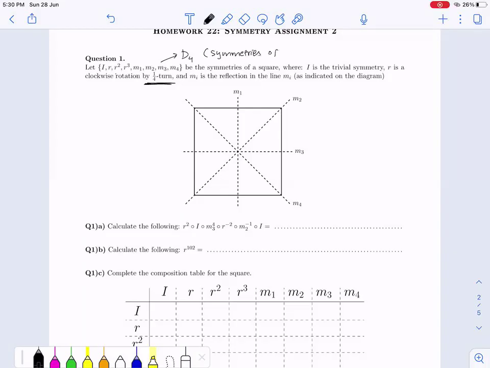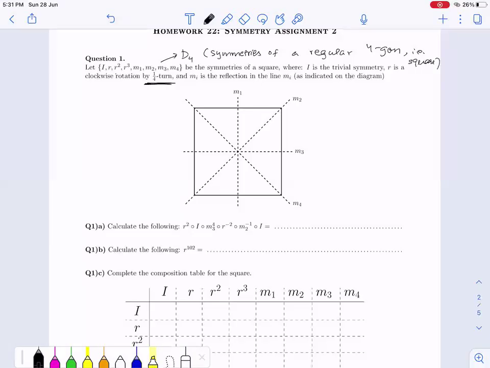Symmetries of a regular 4-gon, which is a square. Now we have to calculate the following composition.